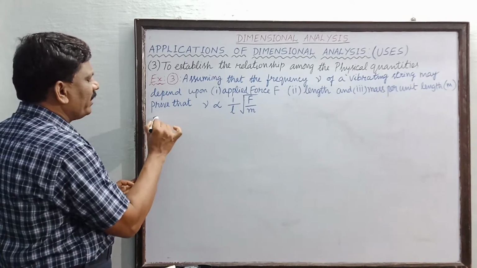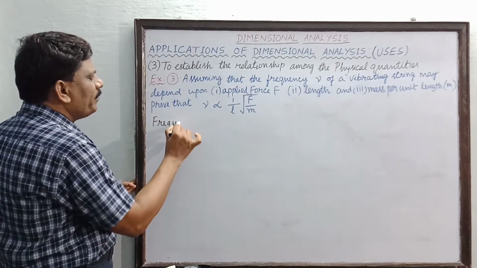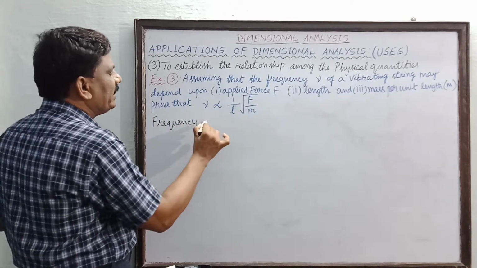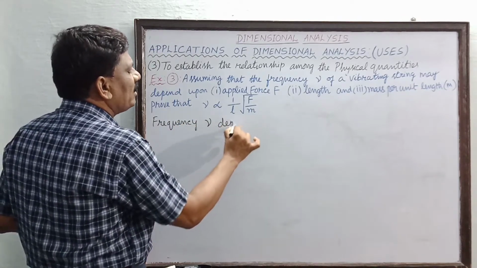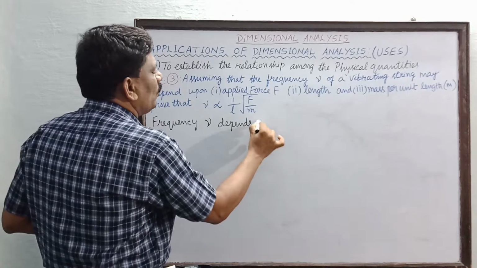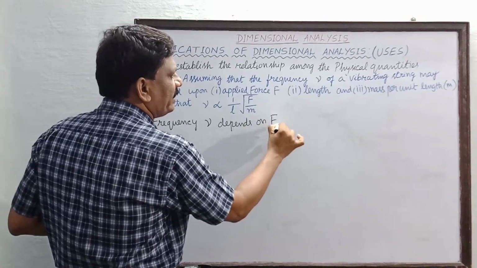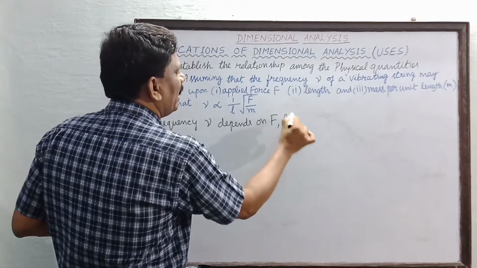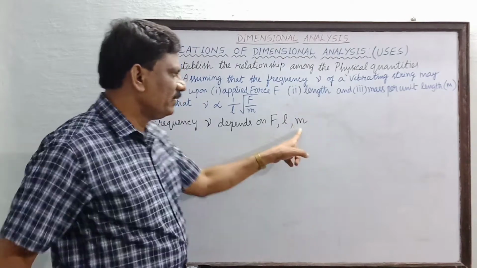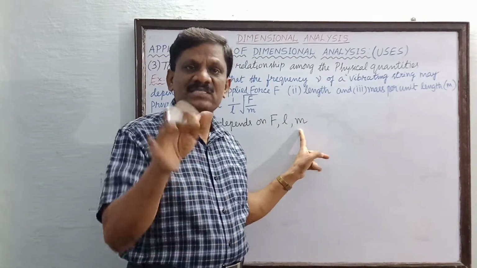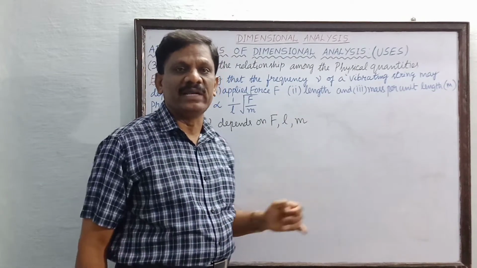So first I will take the frequency nu. The frequency nu depends on three factors. So what are the different factors? F, L and mass per unit length. This is not only mass; mass divided by length is called mass per unit length.